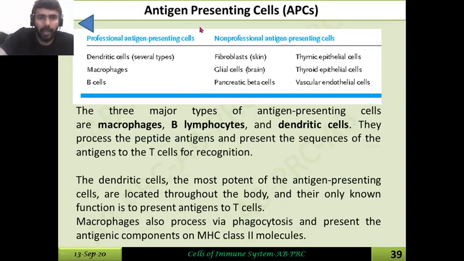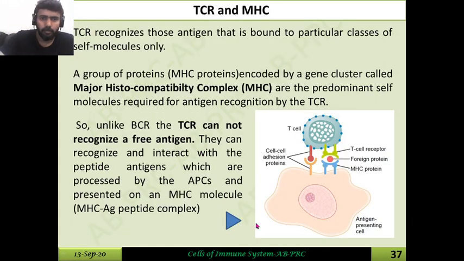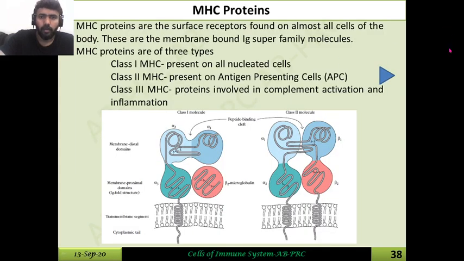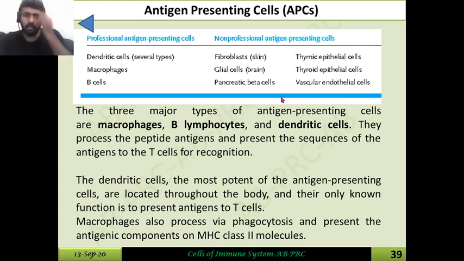Right. So there are important cells within the body called antigen presenting cells. These antigen presenting cells are those cells which can digest and present the antigen for recognition by T cells.